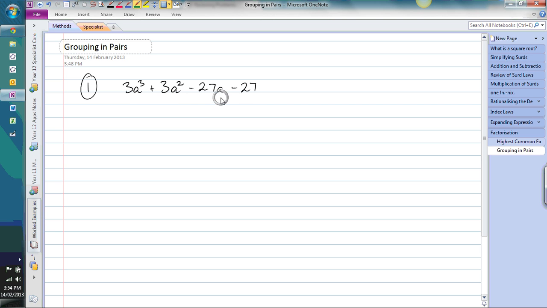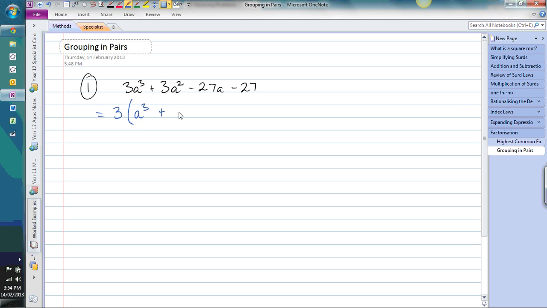Well, there's an a in 3 of them, but it's not in the last one, so that's not a common factor. However, if we look at the coefficients, both of these are divisible by 3. So what I can actually do is factorize a common factor of 3 out the front.